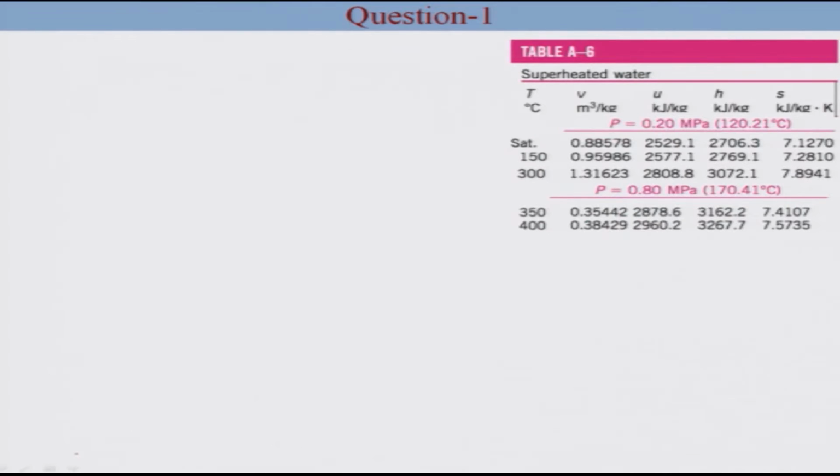So after solving this, we get H1 plus V1 square by 2 equal to H2 plus V2 square by 2 plus Q out upon m dot, assuming here that delta P equal to 0.